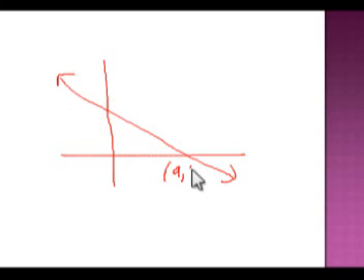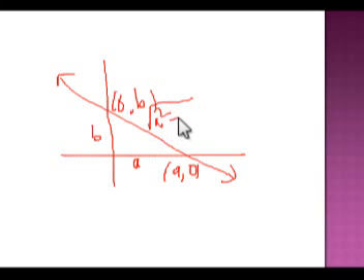I am taking a, 0 and this point 0, b. By the Pythagorean theorem, it is a right angle.